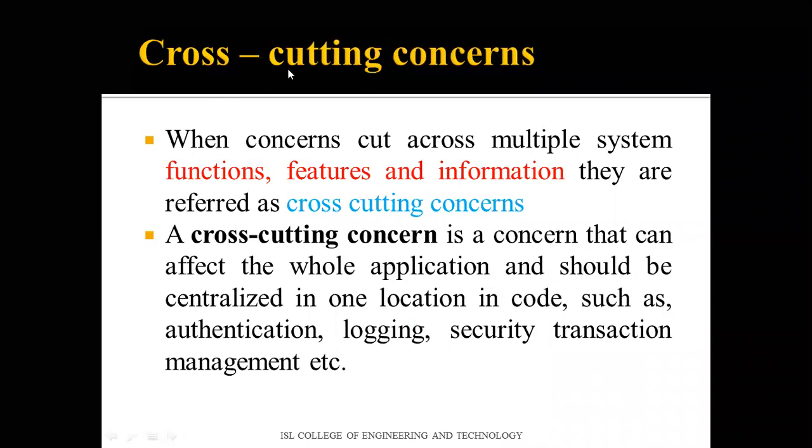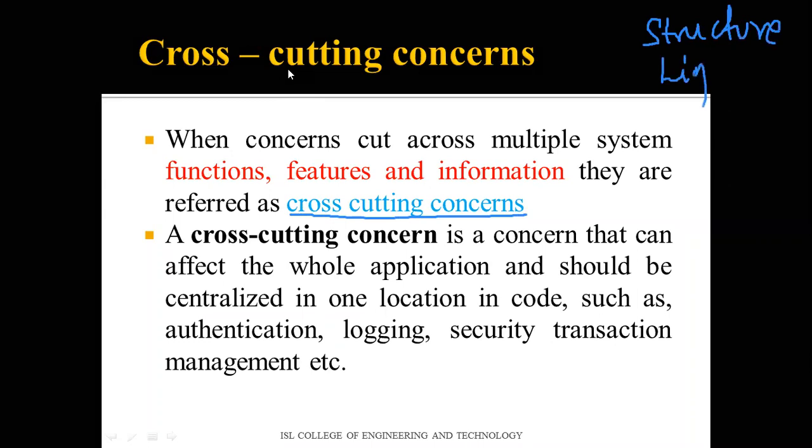When concerns cut across multiple systems, functions, features, and information, they are referred to as cross-cutting concerns. As in the previous example, you've got the structure, the light plan, and the pipelining plan. Suppose there are three different components, and each of them has functions, features, and information. Each of them might take the information of another. That is called a cross-cutting concern.